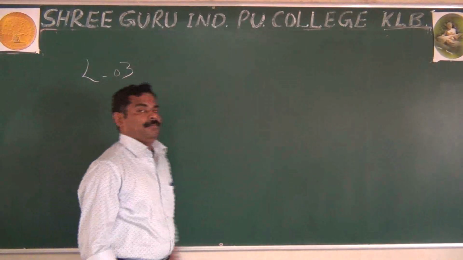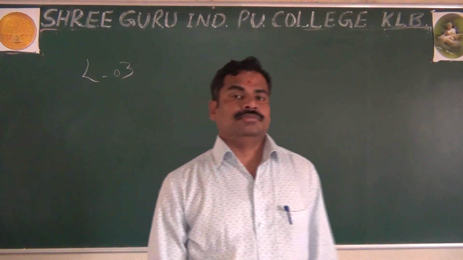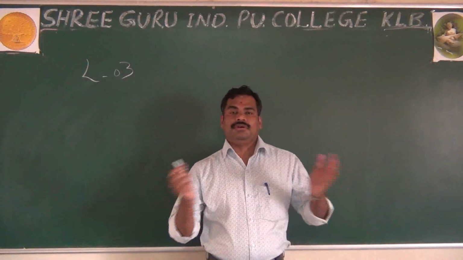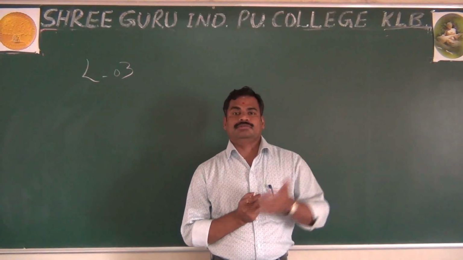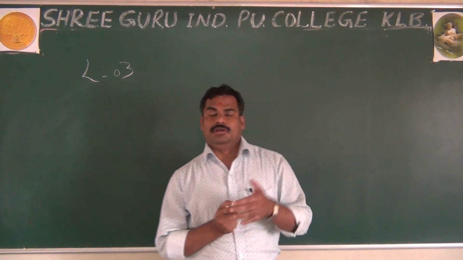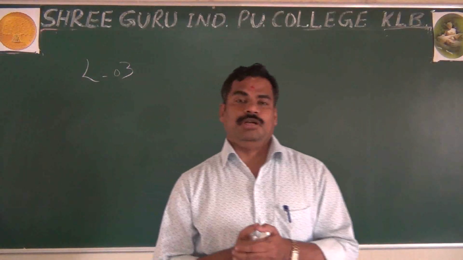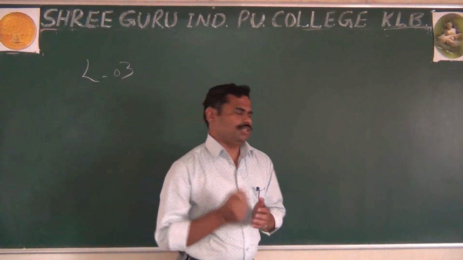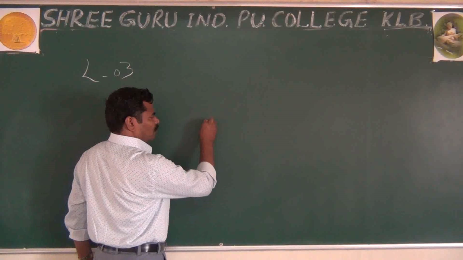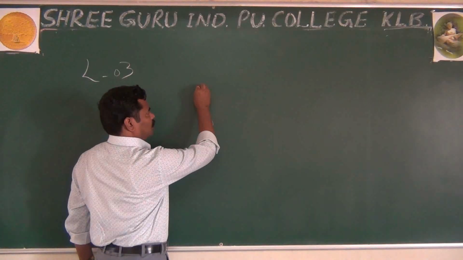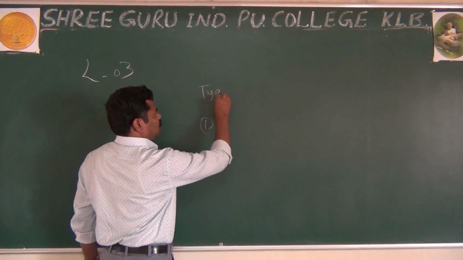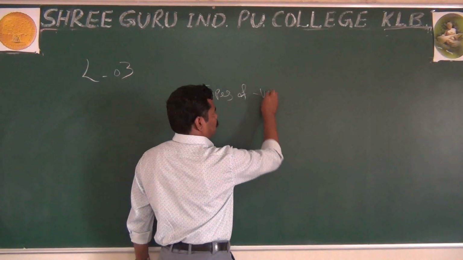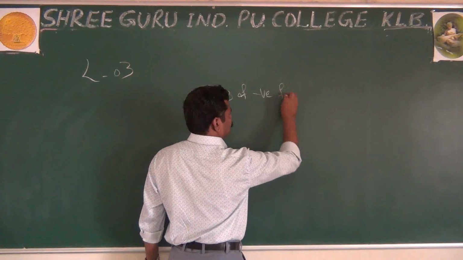In this lecture number 3, we are going for the comparison of all four different types of negative feedback topologies. In the last class, we studied the types of negative feedback.